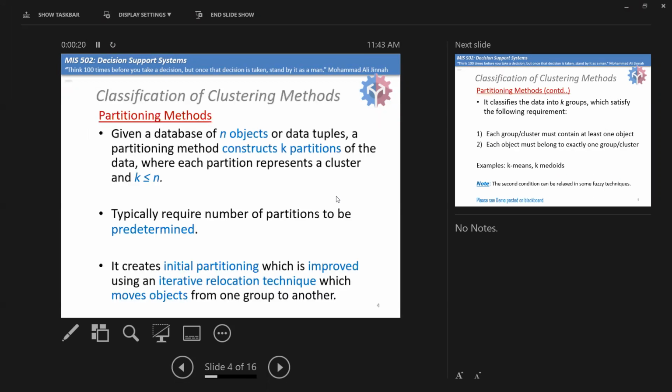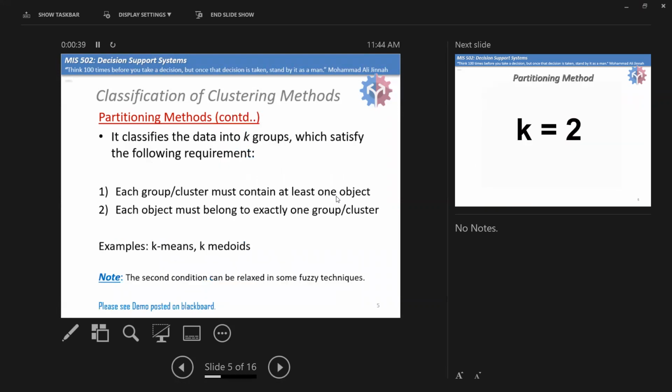We said that partitioning is about putting n objects into k partitions, where k is predetermined in partitioning methods. You initially create a partition and then improve it and find the right clusters.